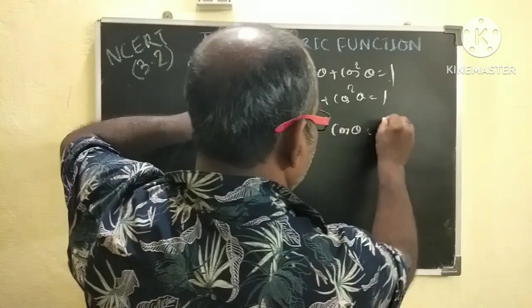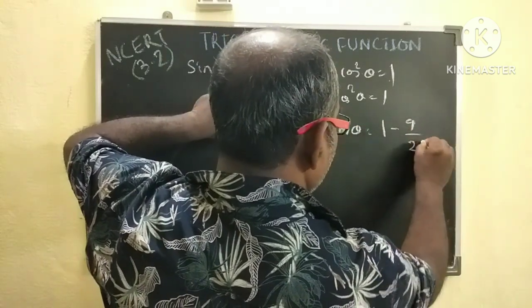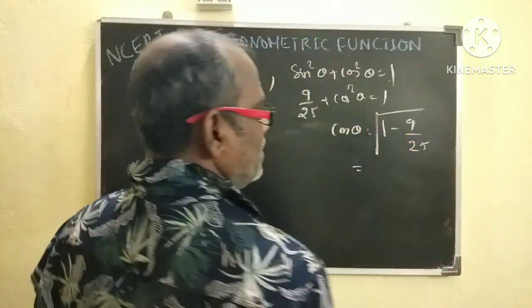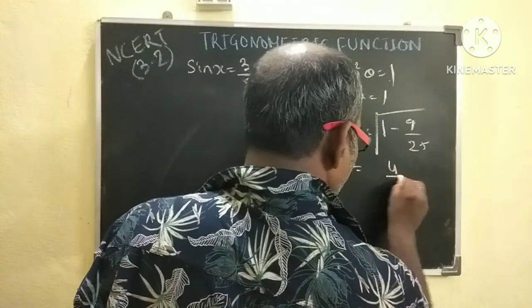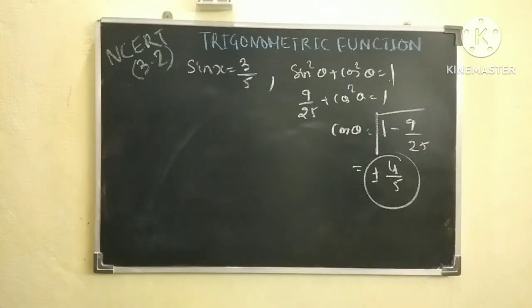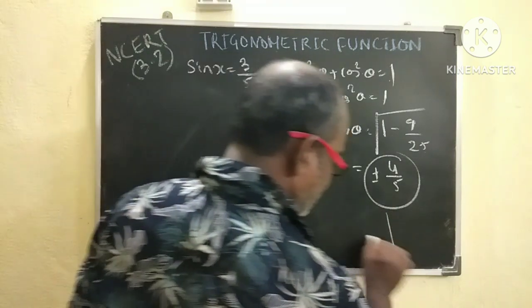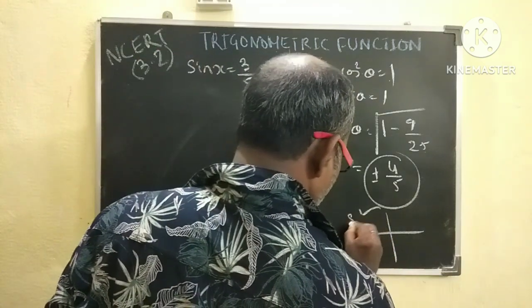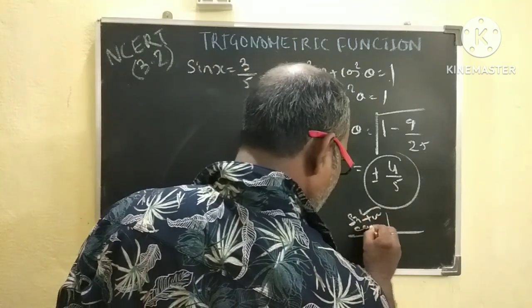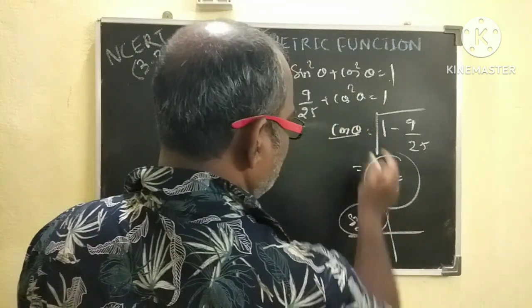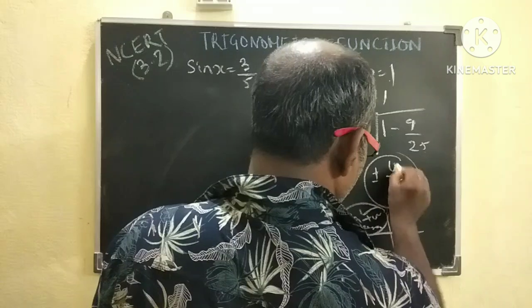Therefore, cos theta equals root over 1 minus 9 by 25, which becomes 25 minus 9 is 16, that is plus or minus 4 by 5. Now in the question it is given that x is in the second quadrant. In the second quadrant, sin is positive, cosecant is positive, but the rest are all negative. So cos x will be negative, minus 4 by 5.